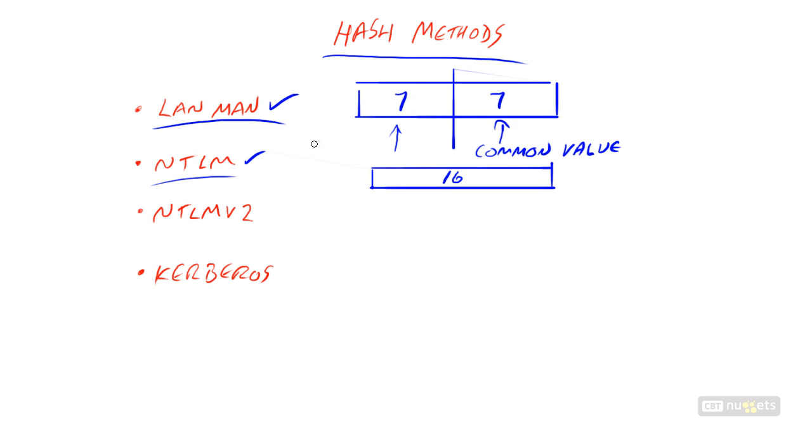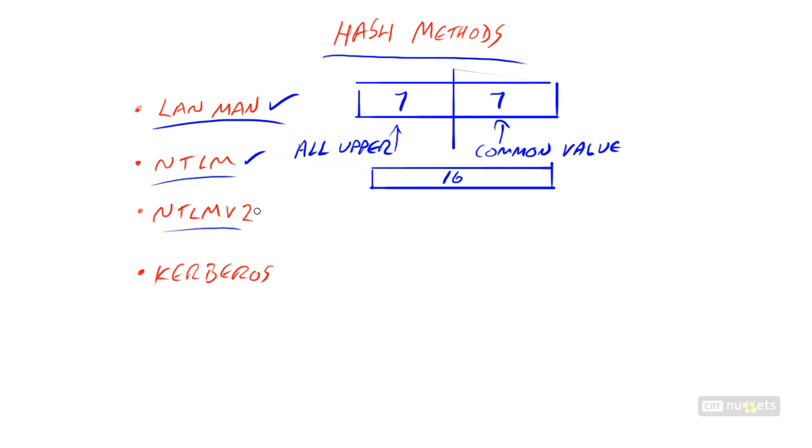And to make matters worse, by the way, both LAN Manager and NT-LAN Manager passwords would be converted to all uppercase. Okay, so even if it was an alphanumeric or upper and lowercase password originally, when it came to cracking it, you only had to get all uppercase values in order to be able to actually use that password.